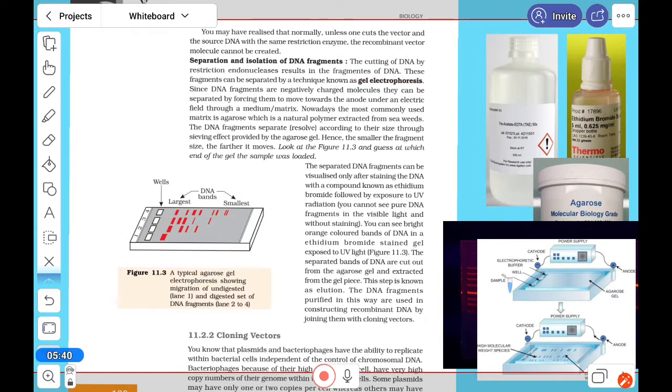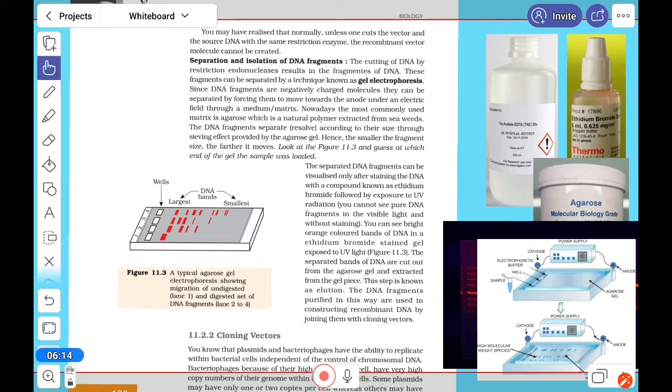This technique is very nice and effective. DNA fragments are negatively charged molecules, and they can be separated by forcing them to move towards the anode under an electrical field medium. Here we will discuss this machine and what probes we are using: different radioactive probes, non-radioactive labeled antibody segments, many things can be used.